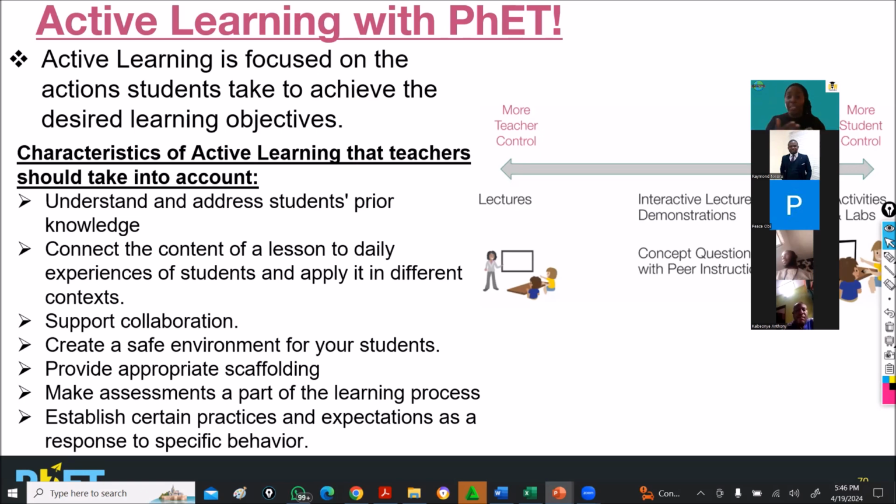When you introduce active learning into the classroom, your classroom is going to change. There's bound to be noise, but you can have certain practices that will curb and control those behaviors. For example, you can train your class that when it becomes rowdy and noisy, you can just clap.